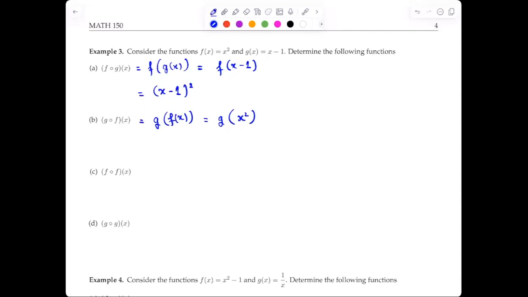What are we trying to do? We try to calculate g of x squared, so you take out the x and replace it by x squared. The second composite function will give you x squared minus 1.